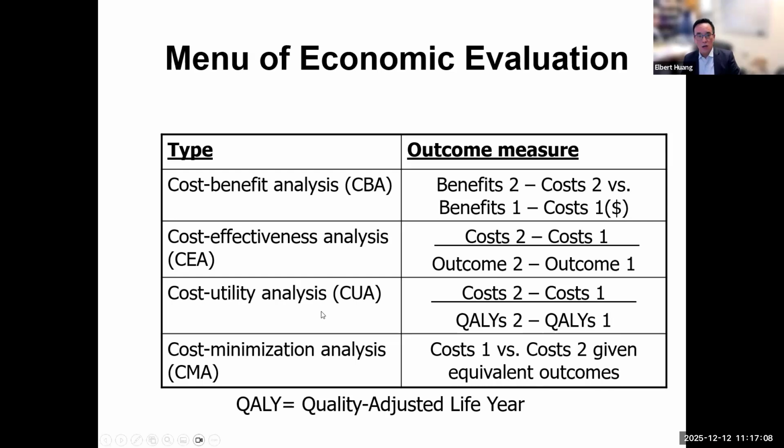Cost effectiveness analysis and cost utility analysis are both ratios where the differences in costs are in the numerator and the differences in outcomes are in the denominator. In cost minimization, you're just looking at costs, assuming that the outcomes are equivalent for the two options. And in cost utility analysis, we express the health outcome in terms of quality adjusted life years. This is the most widely used approach across the globe in terms of health technology assessment.